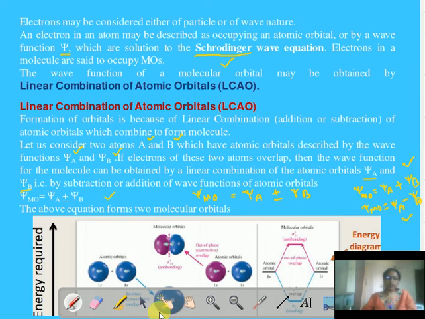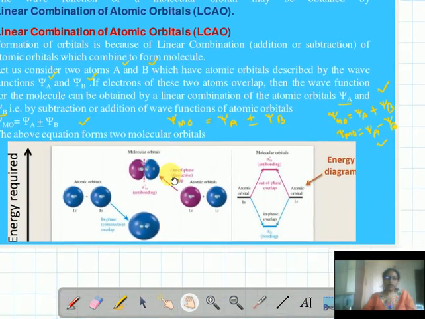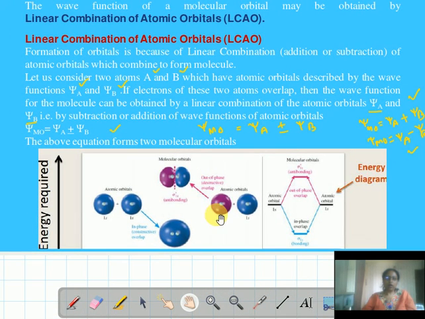Here in this picture, you can see both kinds of overlap have taken place. This one is a constructive interference, and when the atomic orbitals combine out of phase, we get a destructive interference, and this is called the antibonding molecular orbital. When there is an in-phase combination, we call that molecular orbital a bonding molecular orbital, and we represent them like this.